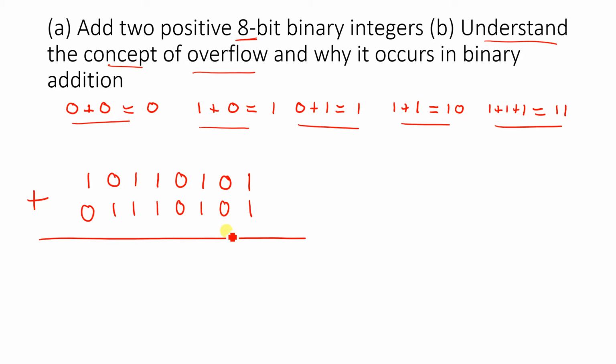So I'm going to put 1 on the doorstep and 0 down here, just like we would do in ordinary maths. 0 plus 1 is 1. 1 plus 1, again, 0 and carry 1. 1 plus 1, 0 carry 1. Now we have 1 plus 1 plus 1, which is 1 1. 0 plus 1 plus 1 is 0 carry 1. And now we have 1 plus 0 plus 1, which again is 0 carry 1.